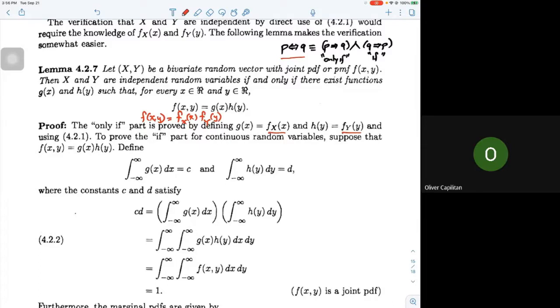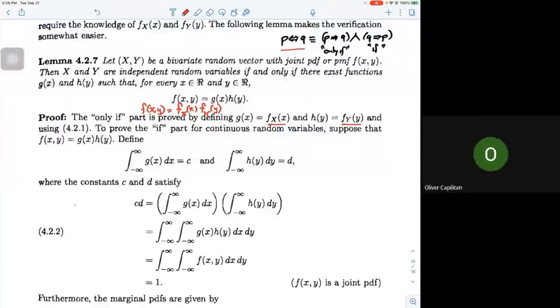And then we define this improper integral: the improper integral of g of x dx evaluated from negative infinity to positive infinity be equal to c, and the improper integral of h of y dy evaluated from negative infinity to positive infinity be equal to d. Okay, we have that.